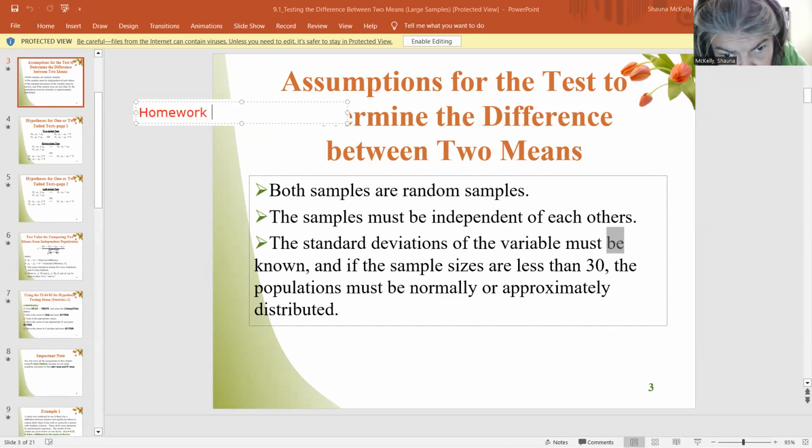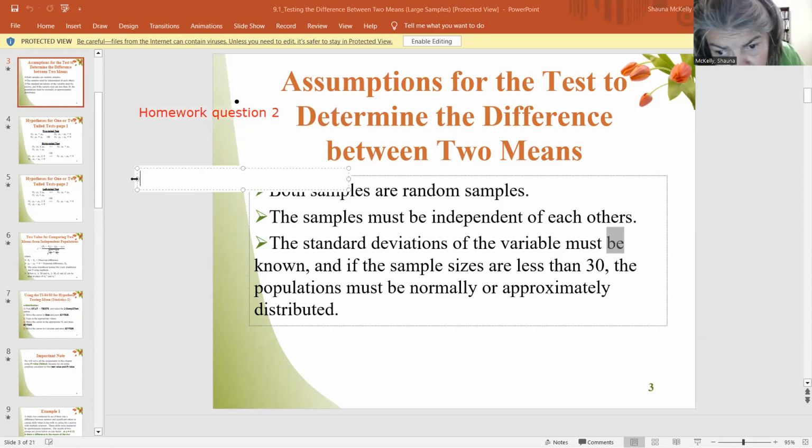Homework question 2 is your 3 assumptions, okay? There they are. Pause the video at this point and you can feel free to copy them down. Okay. All right, moving on.